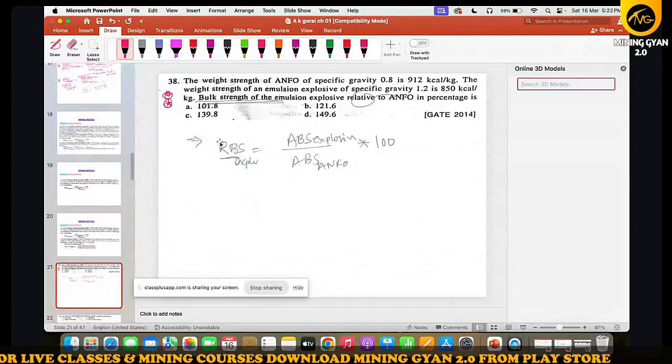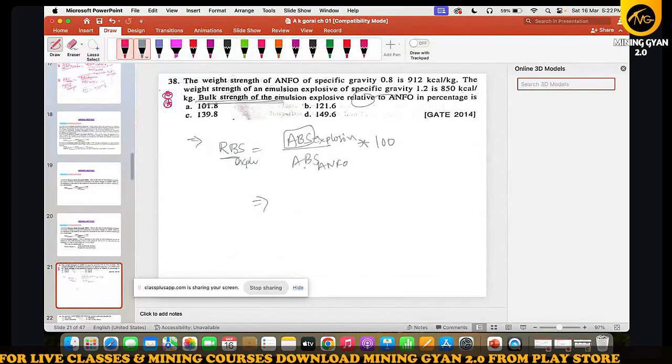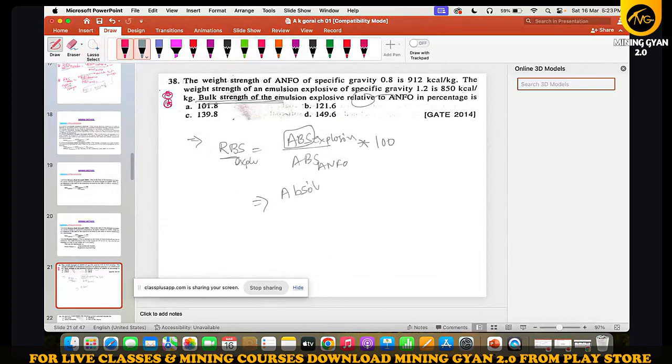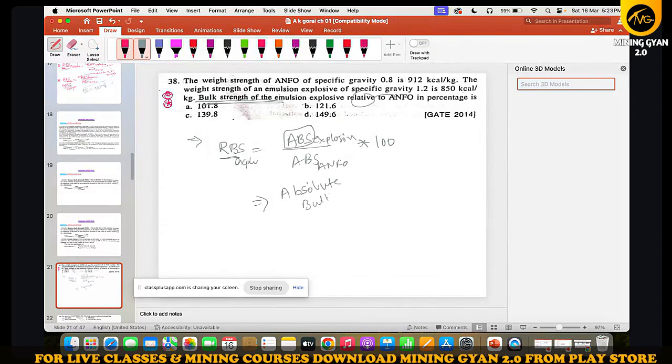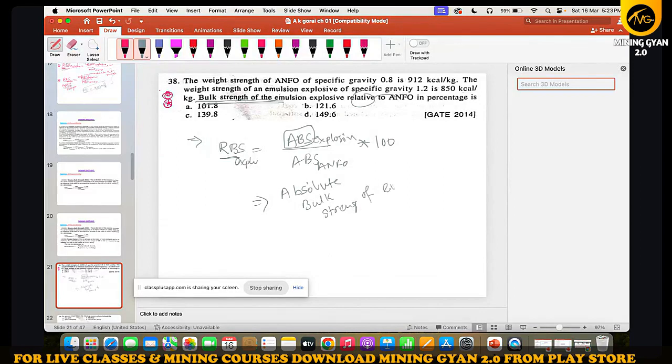सो ABS क्या था? थ्योरेटिकल वैल्यू। ABS बोलते हैं एब्सोल्यूट बल्क स्ट्रेंथ। सो एब्सोल्यूट बल्क स्ट्रेंथ ऑफ एक्सप्लोजिव को क्या लिख सकते हैं?